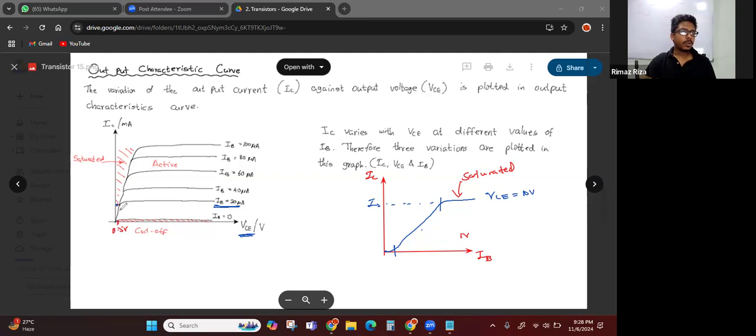So when IB is 20 microampere, and VCE is 0.5 volt, the current saturates.